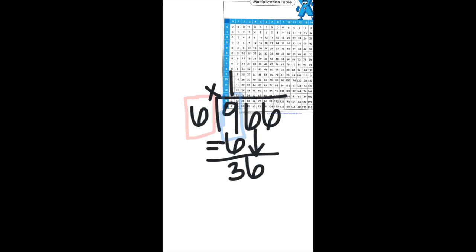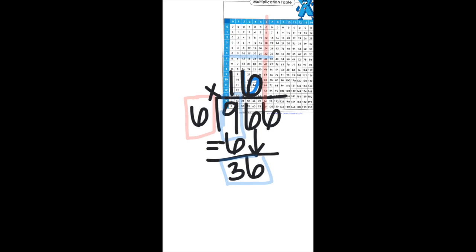If we look back in our 6 column, we want to get as close to 36 as we can without going over. And I see the closest I can get to 36 is 36, so I multiply by 6. So we've done our divide. Now we're going to put our 6 on top of our house.